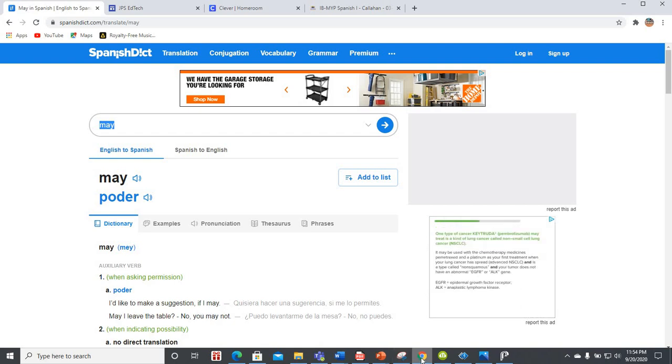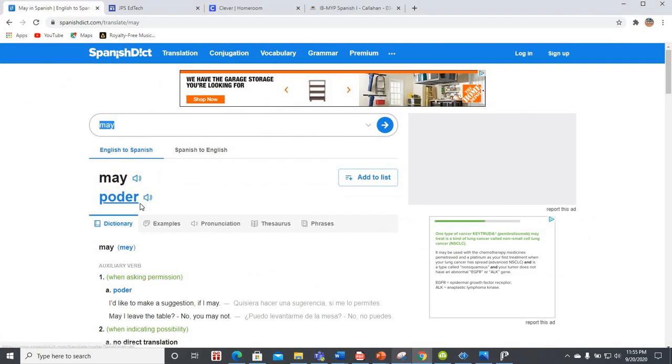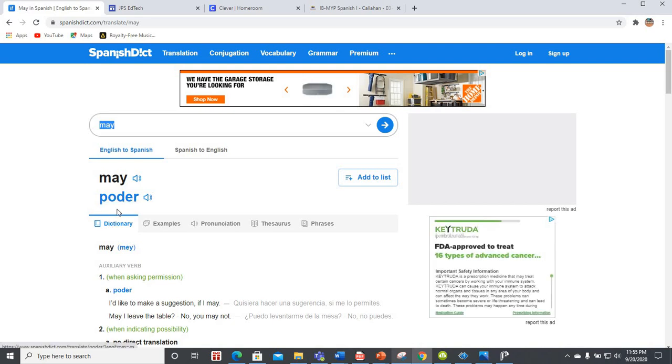But let's see. It says, may I. So the subject of that is I. I may. So then I need to conjugate that verb because this is the infinitive form. Anytime it has the ER on the end, that's the infinitive. And I think Spanish 2 students understand that.